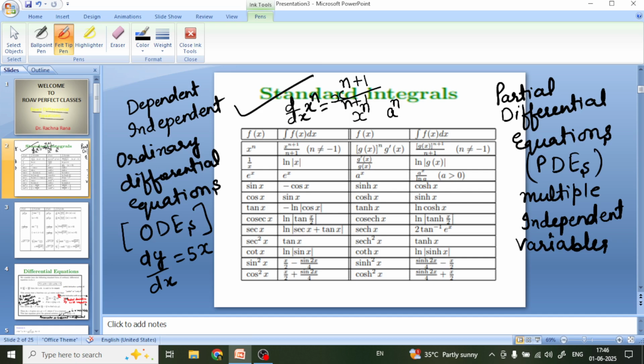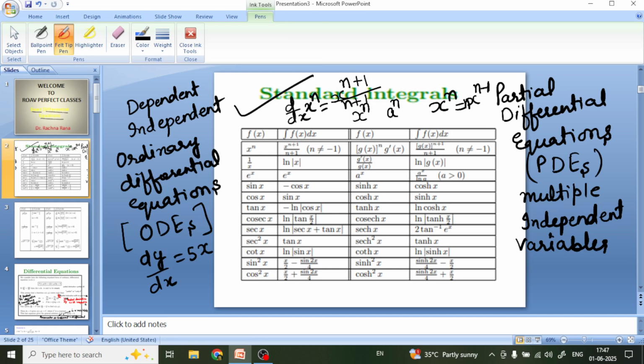That is integration, not derivative. In case of derivative, or differential, the derivative of x raised to power n is n times x raised to power n minus 1.